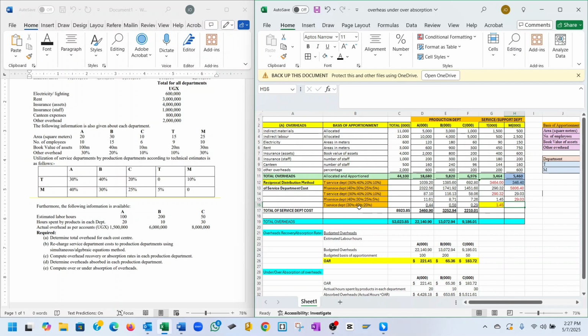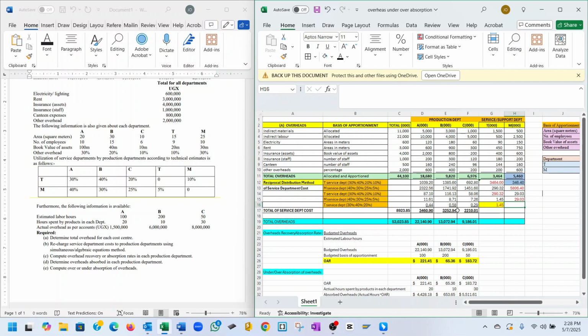Now, someone will ask, why didn't you make it 30 over 90? Sorry, the 10% is part of the computation. However, we are excluding it, so we assume that it's 100%. So don't exclude it and make it over 90. Make it over 100. 30 over 100, 40 over 100, 20 over 100.